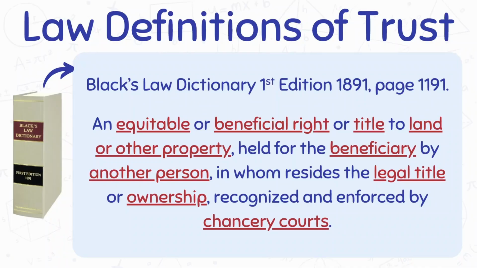So you can see that I highlighted some key words, including equitable, title, property, beneficiary, ownership, and also chancery courts. So these key words will be important to know as you begin to get more of a full idea of what trusts are.